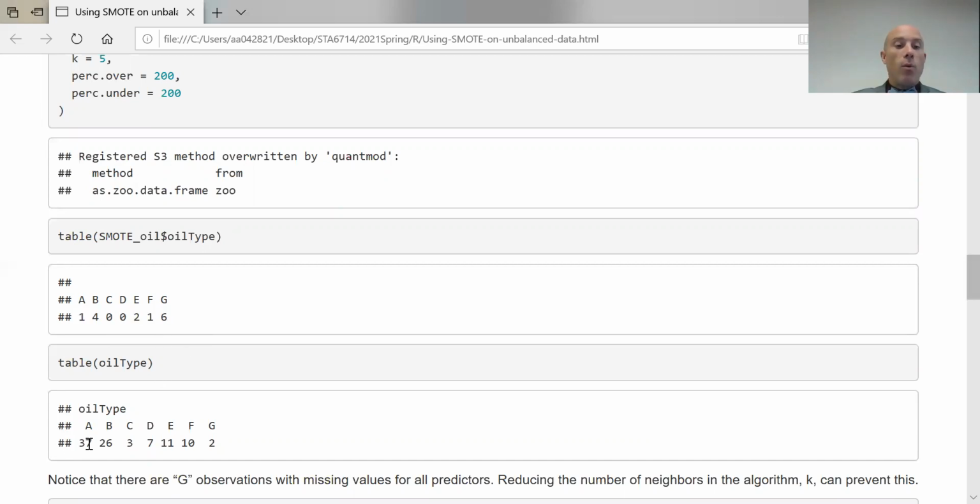And here, just so we can see what the original was, are the original counts for our target variable. We can see that across the board, every single time for non-G, the number decreased compared to the original data, and the minority level, G, increased.